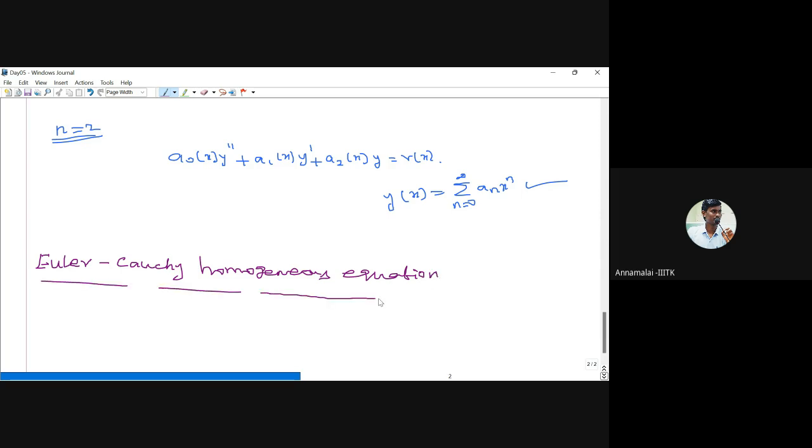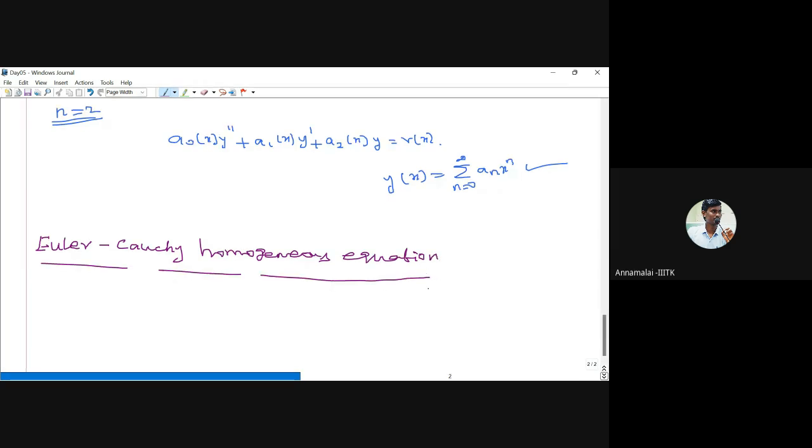Now, what is the general form of the nth order Euler-Cauchy homogeneous equation? It is of the form x to the power n into the nth derivative of y, plus some constant, maybe a1, into x to the power n minus 1 into the (n minus 1)th derivative of y, plus a2, some constant, into x to the power n minus 2.